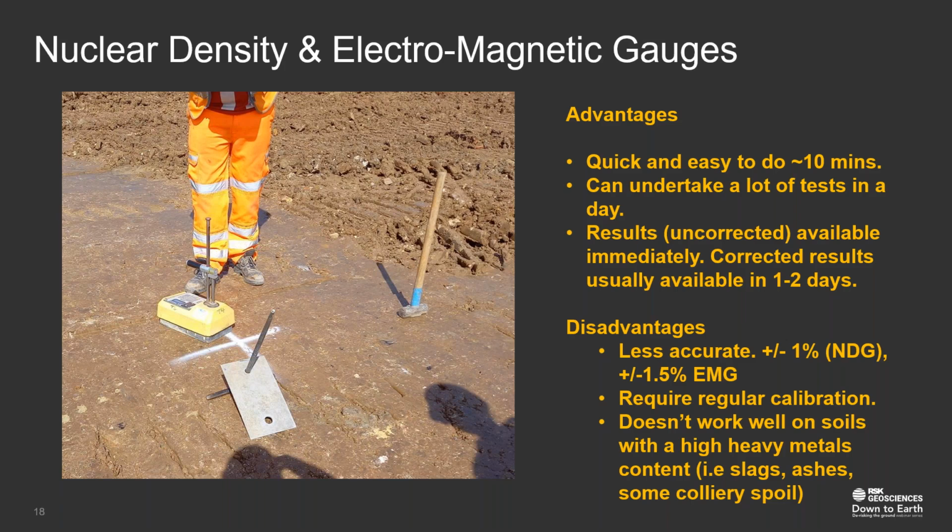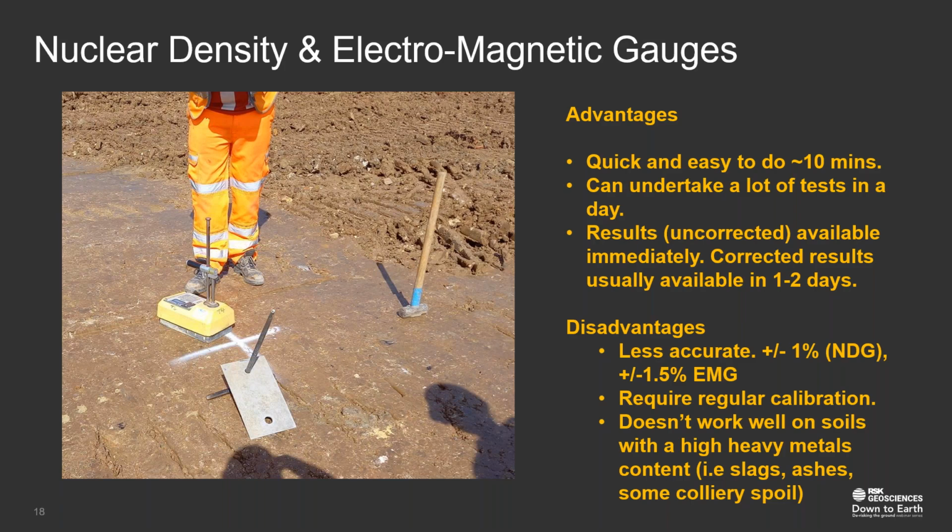Both are quick and easy to do, and they work generally by inserting a probe into the ground, in the case of the nuclear density gauge, with a nuclear source at the end of it, and then measuring the signal that comes back to the base plate of the kit.